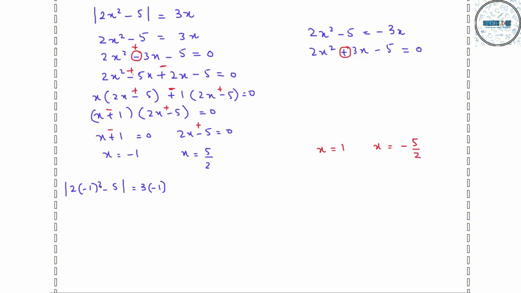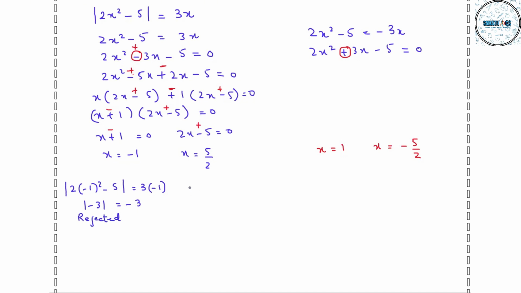So 2 into minus 1 squared is 2, 2 minus 5 is minus 3, which is equal to minus 3. Absolute value of minus 3 cannot be minus 3, so this value is to be rejected.